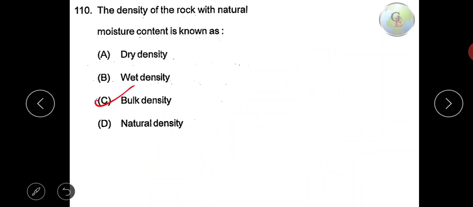Dry density is when the moisture content is totally drained out from the rock, meaning the specimen we have to dry before we measure the density. And weight density is when we fill the pore spaces with water fully before measuring the density. Natural density I think is similar to bulk density, so here the answer will be bulk density.